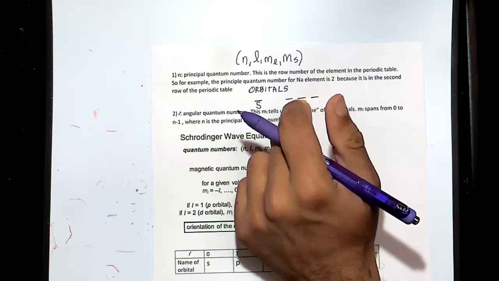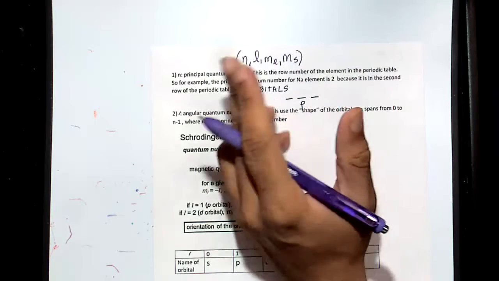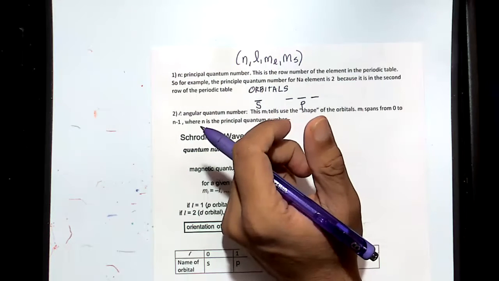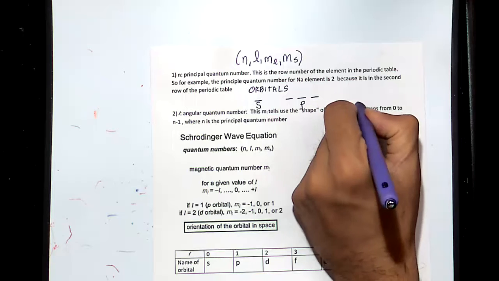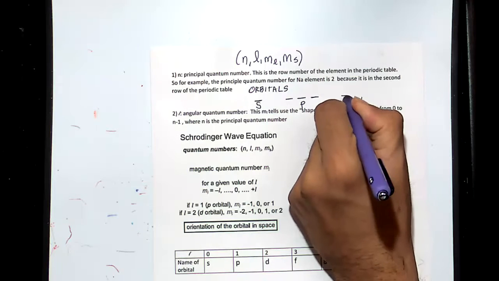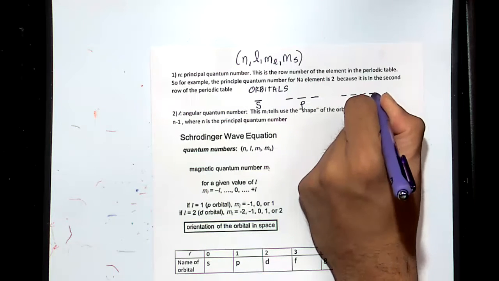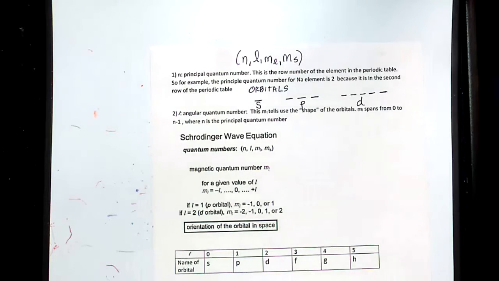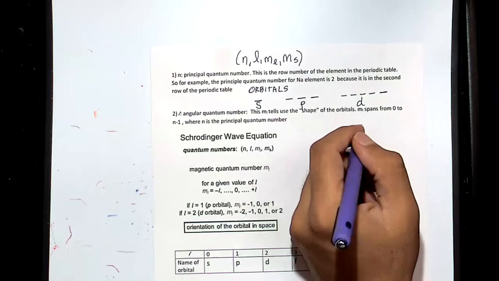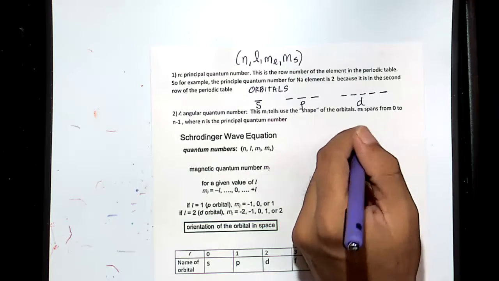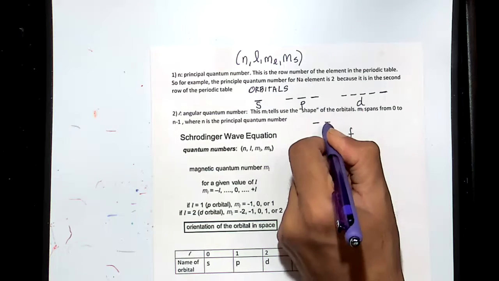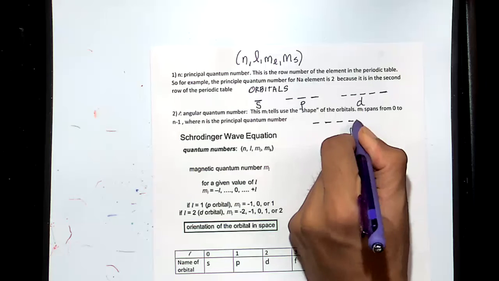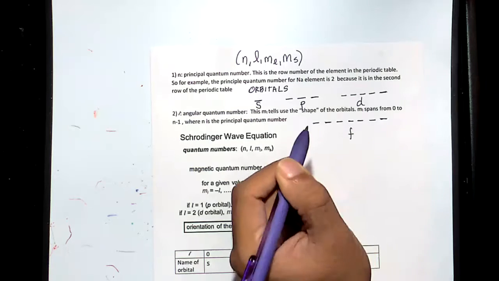Maybe kitchen, bathroom, closet. And then in the d orbital, there are 5 slots. And then there's an f orbital. We will not talk about it, but I'll just tell you, in an f orbital, the electrons have 7 slots: 1, 2, 3, 4, 5, 6, 7.